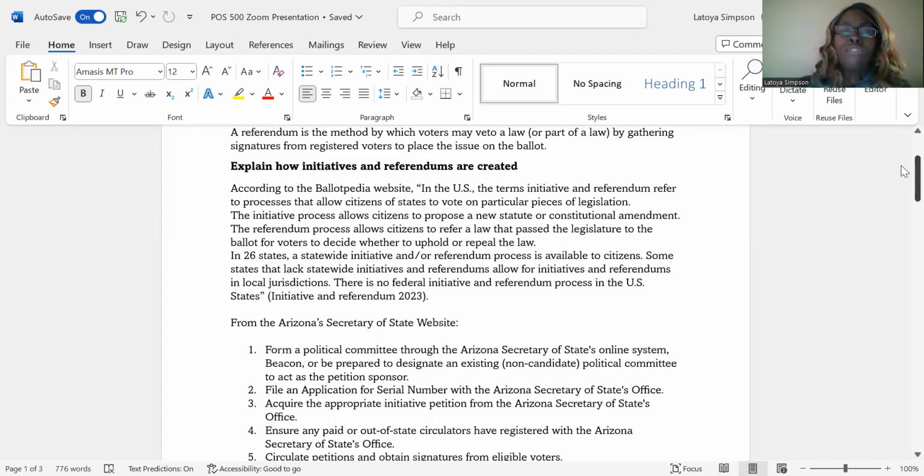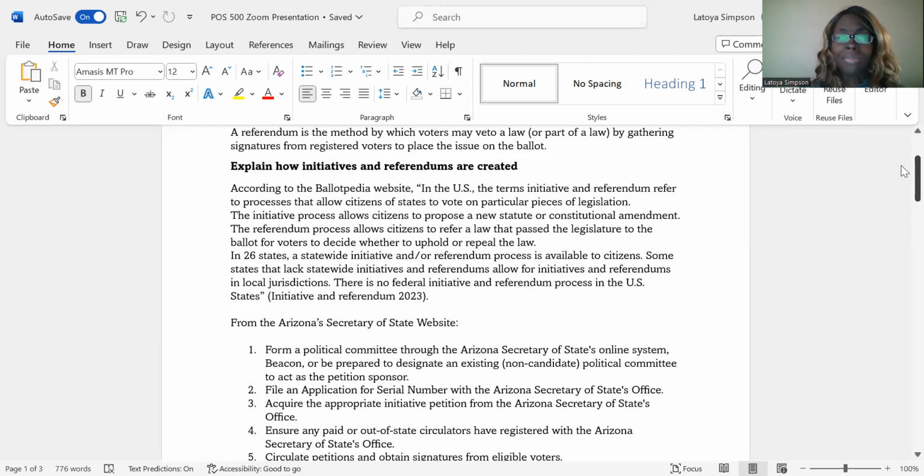Number one, form a political committee through the Arizona Secretary of State's online system, Beacon, or be prepared to designate an existing non-candidate political committee to act as the petition sponsor. Number two, file an application for serial number with the Arizona Secretary of State's office.